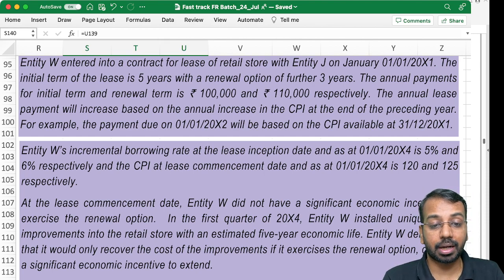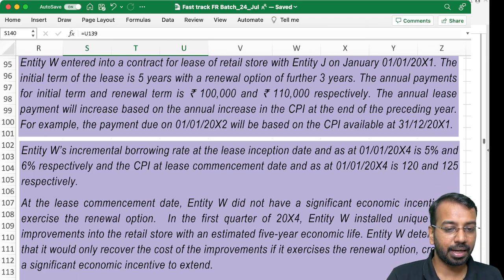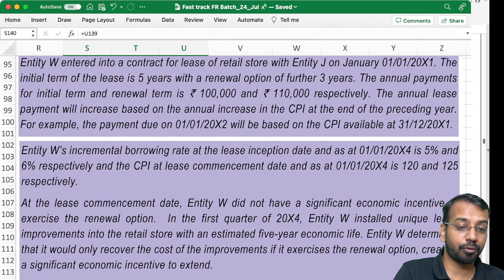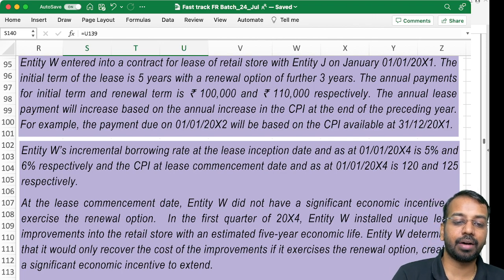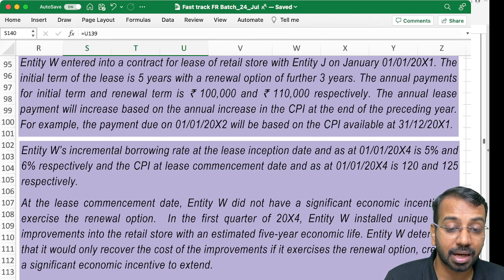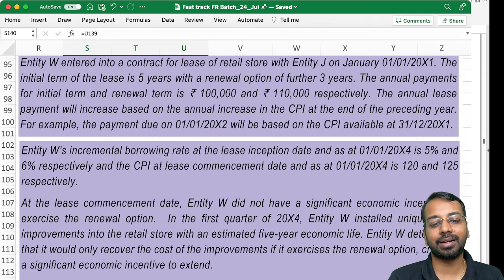In the first quarter of year 4, means year 1 is completed, year 2 is completed, year 3 is completed, entity W installed a unique lease improvement into the retail store with an estimated 5-year economic life. Entity W determined that it would only recover the cost if it exercises the renewal option, creating a significant economic incentive to extend.